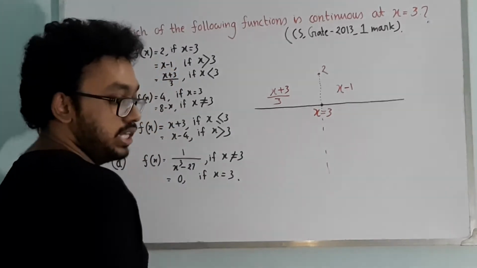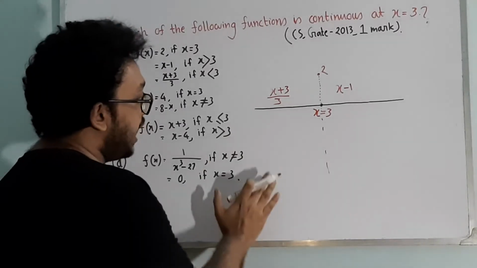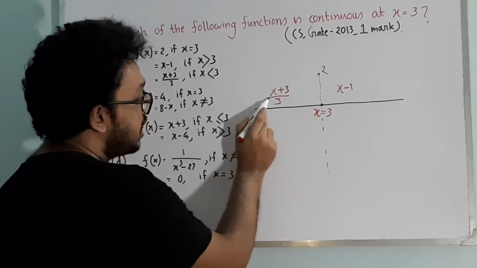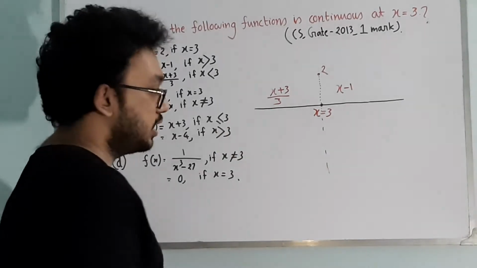So you observe that just in the left hand side of x equal to 3, f(x) equal to (x plus 3) by 3. So while evaluating the left hand limit at x equal to 3, we will replace f(x) by (x plus 3) by 3.